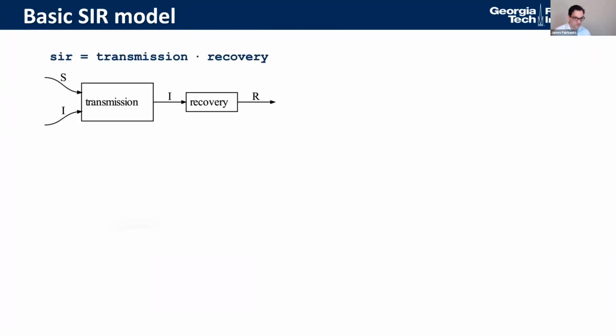So here's how we can build just the SEIR model. This is the first model of epidemics that people could think of. And you can build it in Catlab using wiring diagrams or formulas or programs. All 3 are equivalent. So here we're showing transmission followed by recovery is the definition of SEIR.